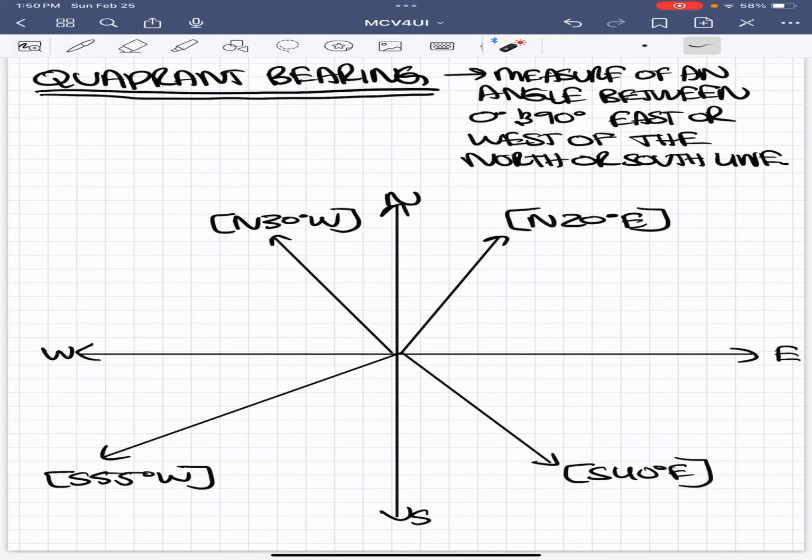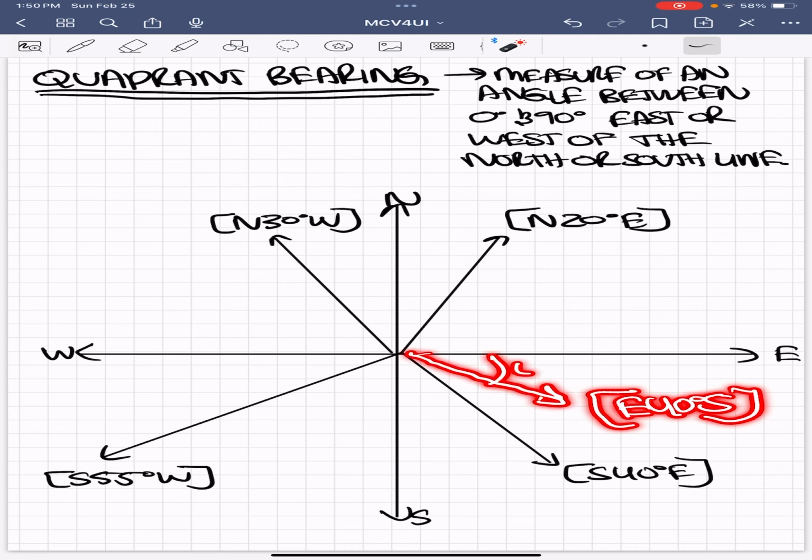So now I have south 40 degrees east, so this angle right here is 40 degrees, and it lies directly upon this arrow or this vector, and it's in those brackets as well. So south 40 degrees east. If I were to have east 40 degrees south, then I would go 40 degrees down this line, and this would be 40 degrees.